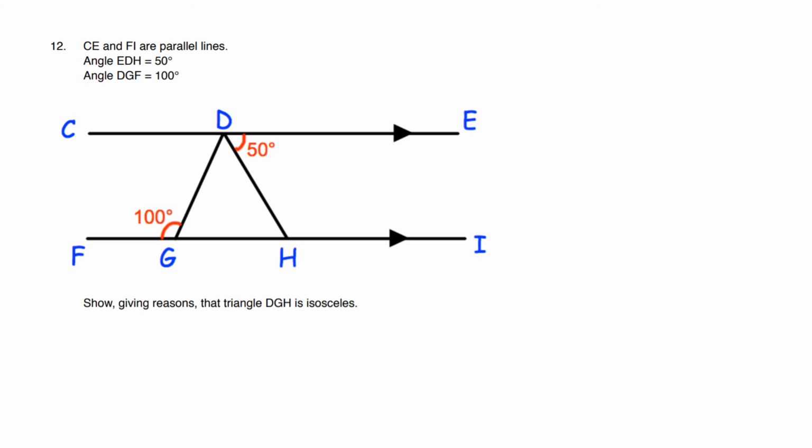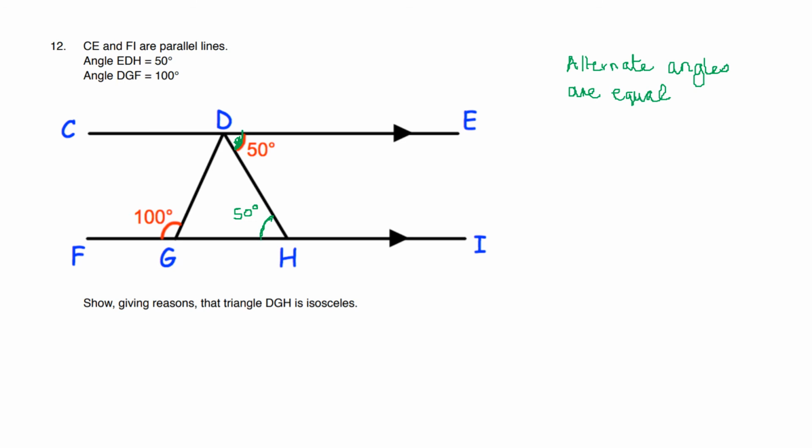So if I have a look here at this angle of 50 degrees, just mark that in green, this angle will also be 50 degrees because these 2 angles are alternate. Okay, and alternate angles, as we know, are equal.